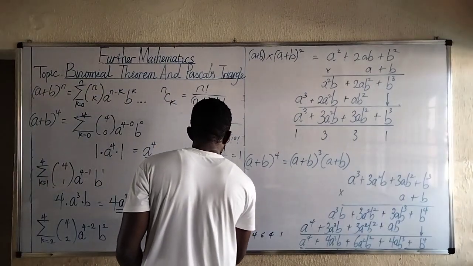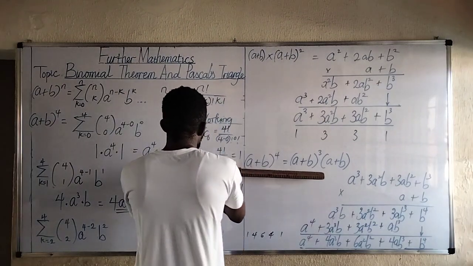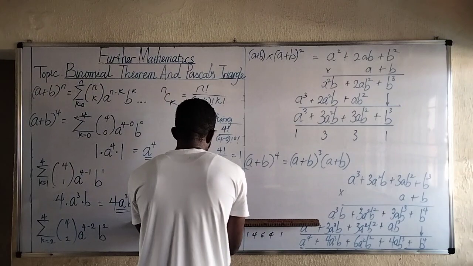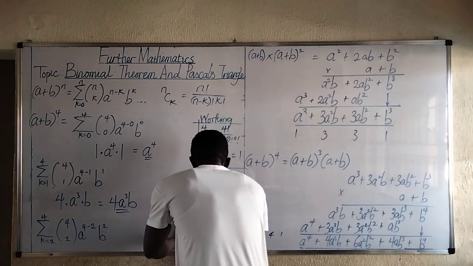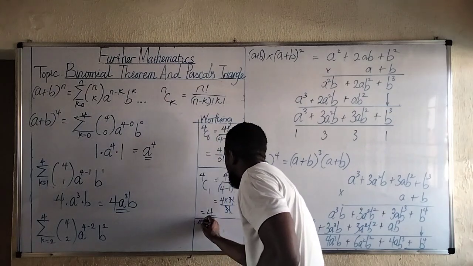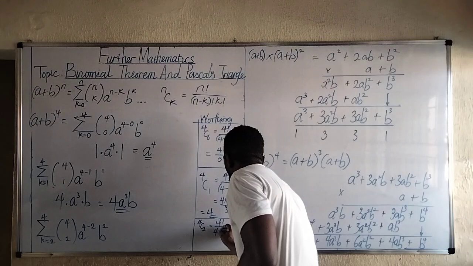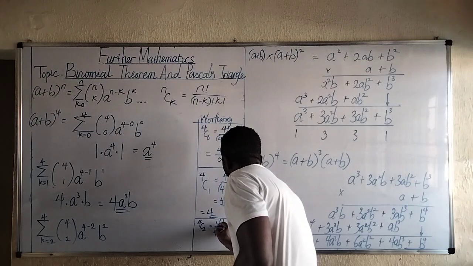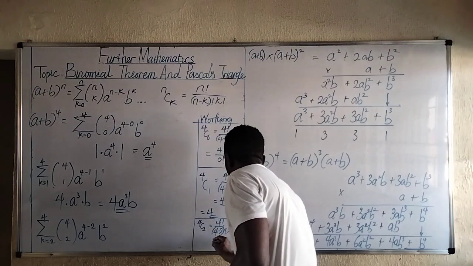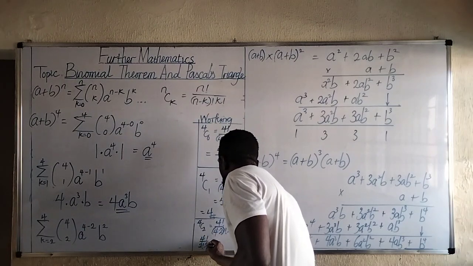Alright, let's show our work in here. Okay, the first part is this, second part is this. So the third part, we have 4 combination 2. So our 4 combination 2 will give us 4 factorial all over (4 minus 2) all in factorial times 2 factorial. So this becomes 4 factorial over 2 factorial 2 factorial.